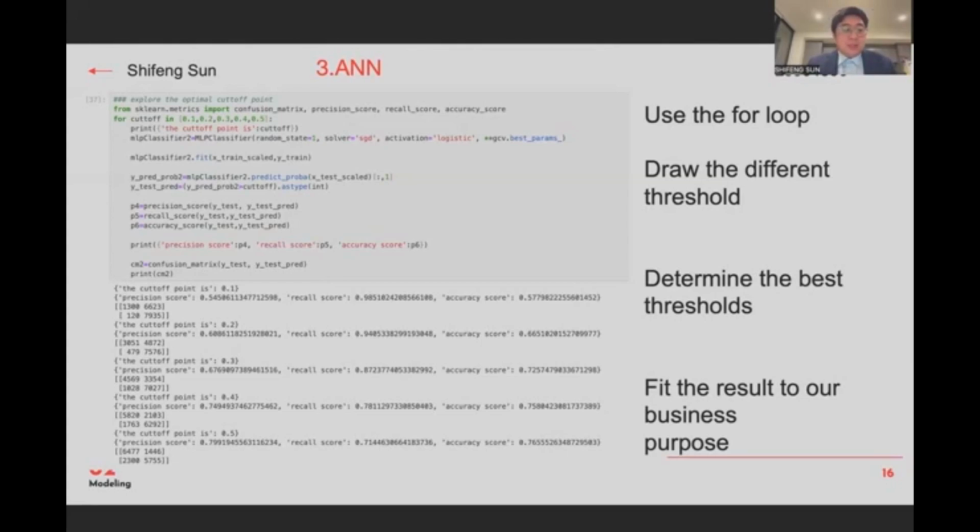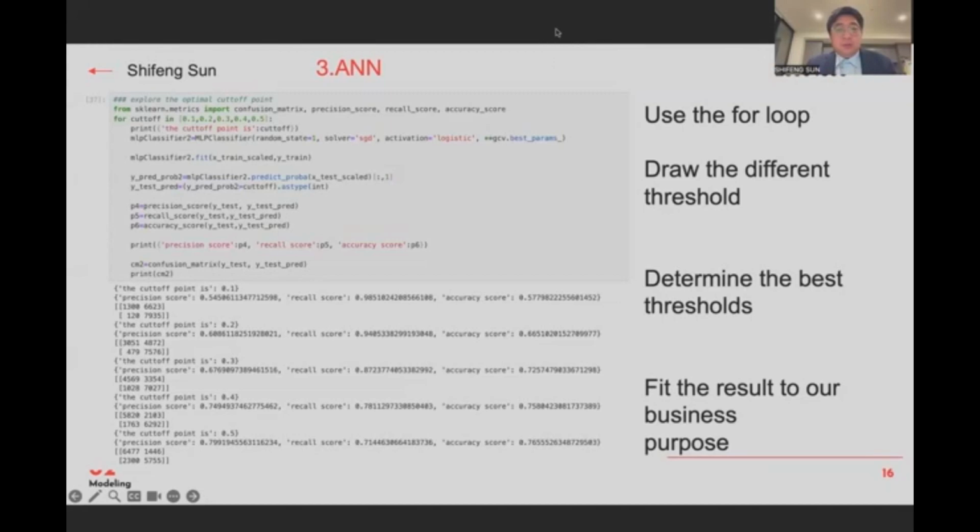That means it fits our business purpose: this model is very good for predicting the customers who will subscribe to the next term deposit, and very good at minimizing false predictions. That's very good for predicting the customers who will subscribe to the next deposits and allocating my resources very efficiently.